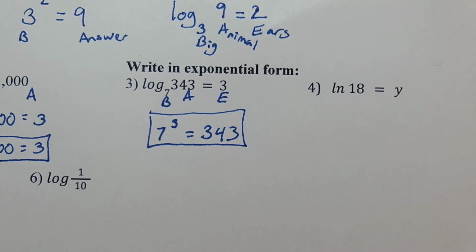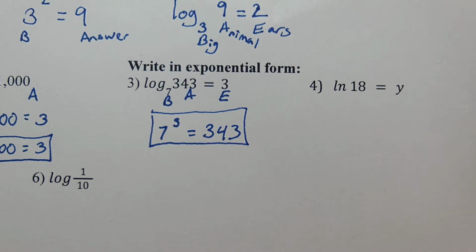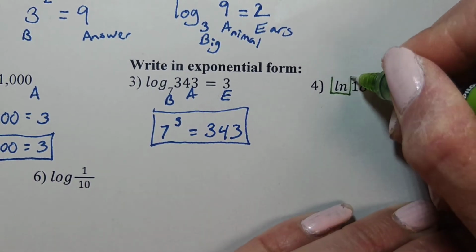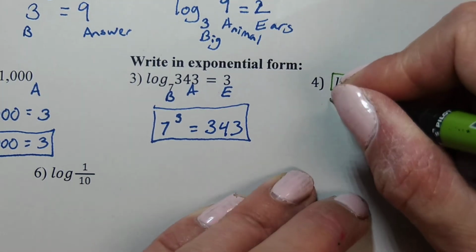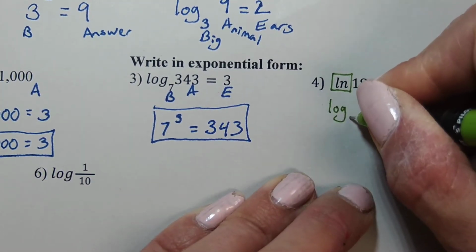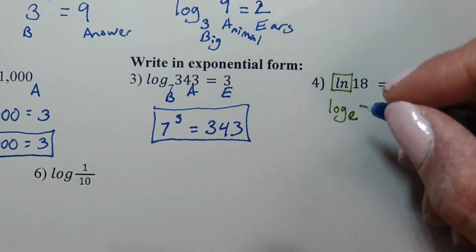Now, looking at number 4, here we have ln, and folks, it is ln and not in. Occasionally when I check Algebra 2 tests, I'll see an I. So this is L for log natural, or natural log. To write this one in exponential form, first I like to replace natural log with log base E, that nasty little non-terminating, non-repeating decimal.